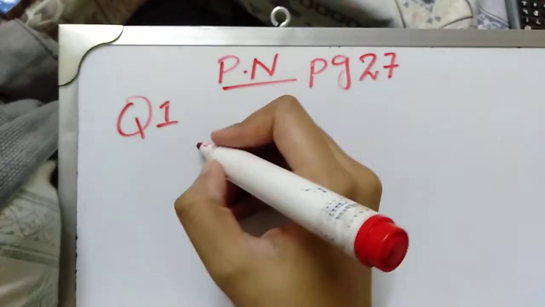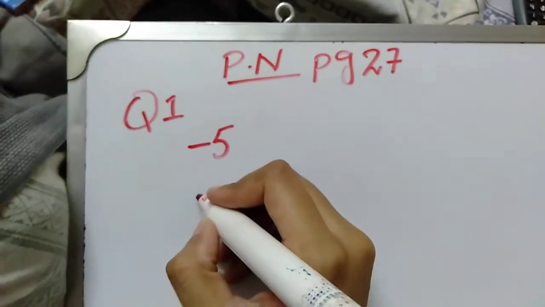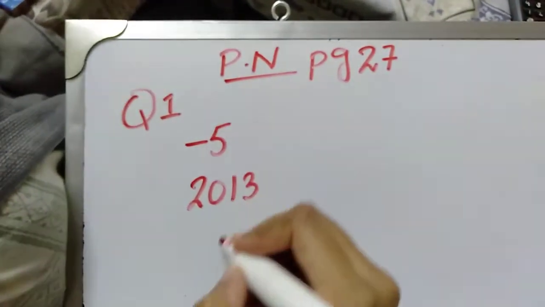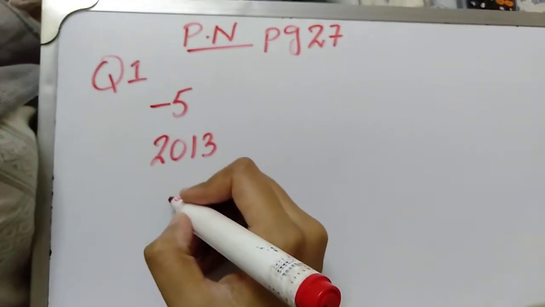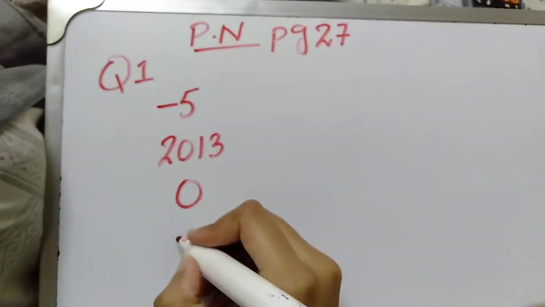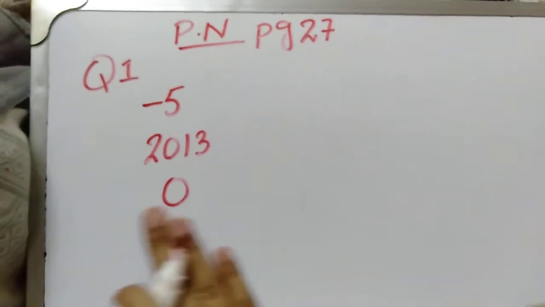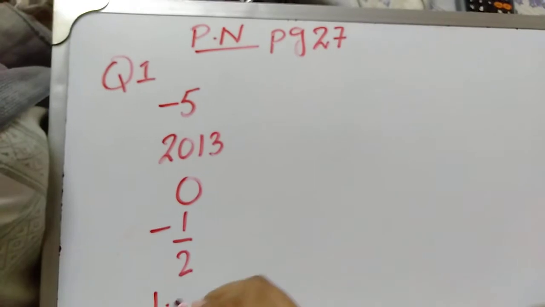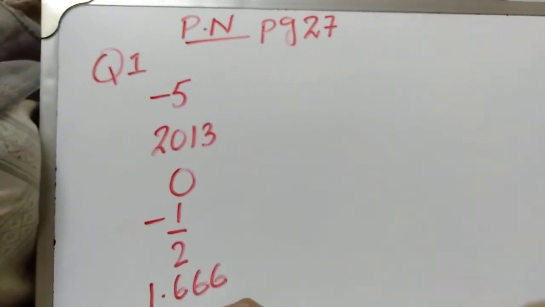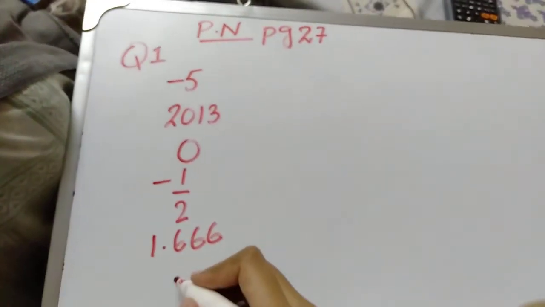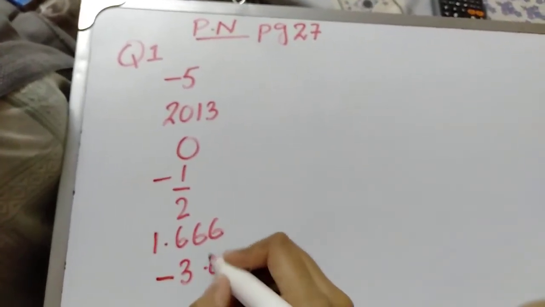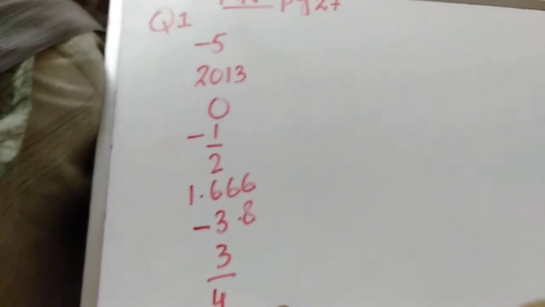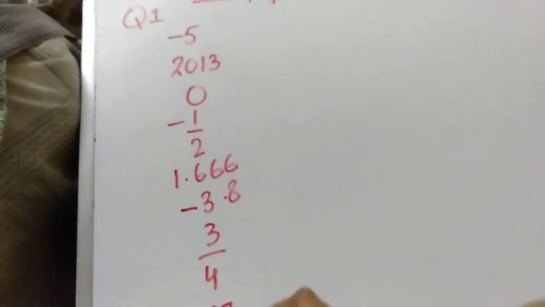So in question number 1, these are the numbers: minus 5, 2013, 0, minus 1 by 2, 1.666, minus 3.8, 3 by 4, minus 17, 6 and minus 2 by 3.